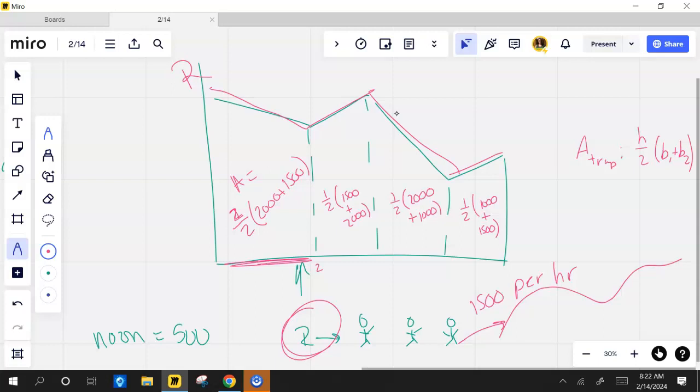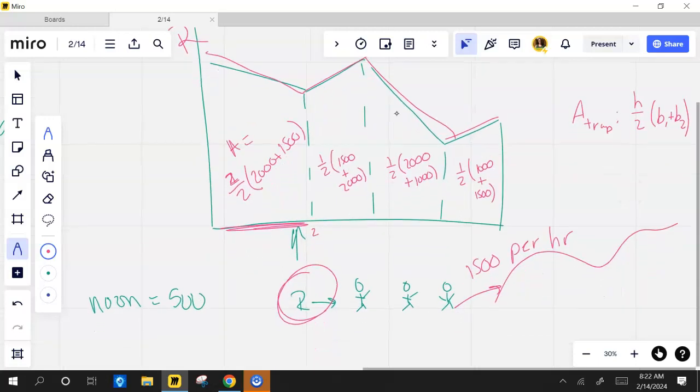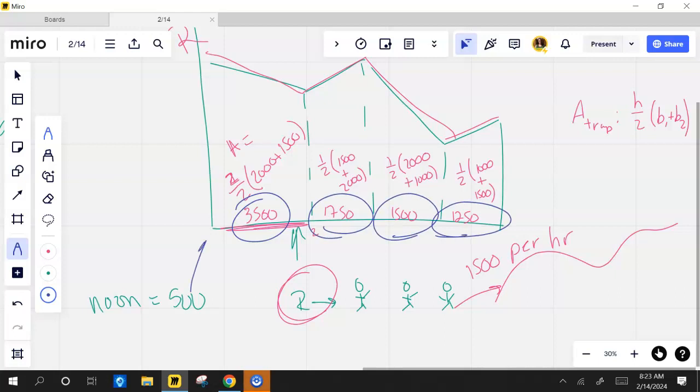So now what do I do? Well, I take each one of these. 3,500 plus, what is it, 1,750, plus 1,500, plus 1,250. If you add all of these together, plus what you started with, there was 500 whenever I started keeping track, right?